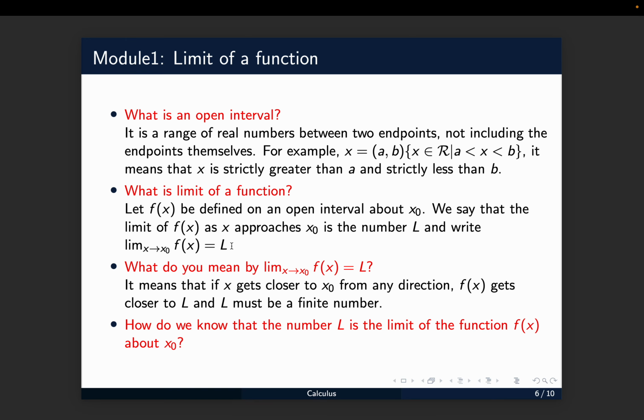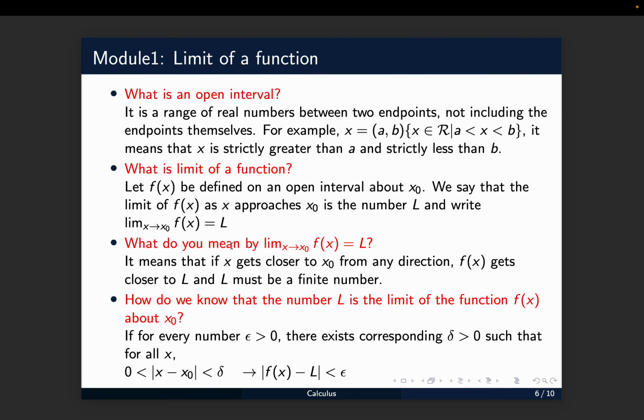You can do an exercise: choose any positive number epsilon, and find the corresponding open interval around x naught determined by delta, such that for whatever value of x you take in the open interval, you find f of x and subtract the limit L, and the absolute value is always less than epsilon.